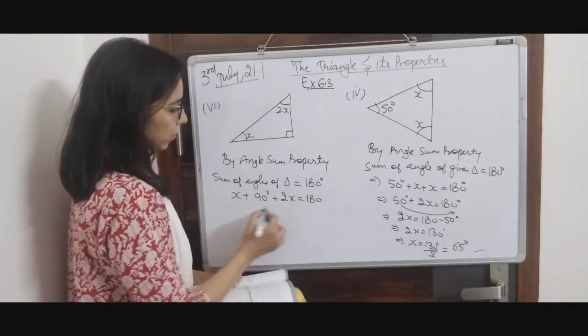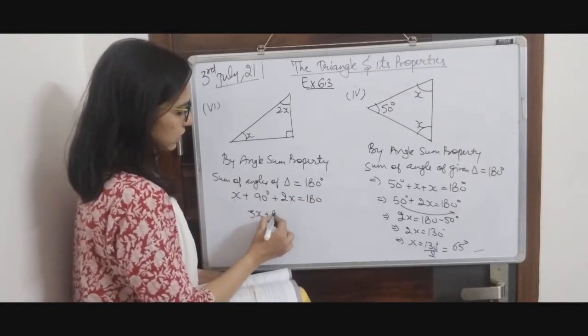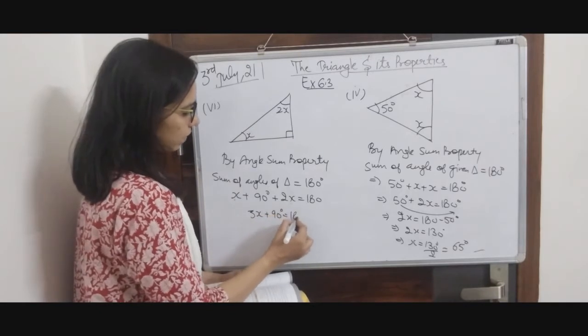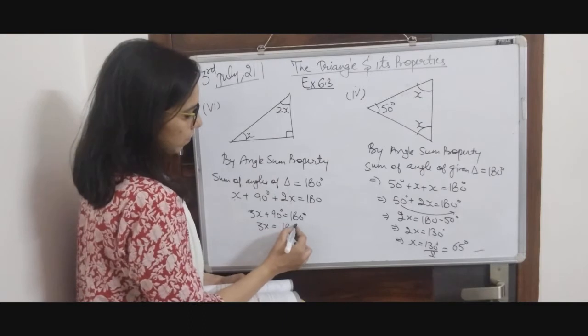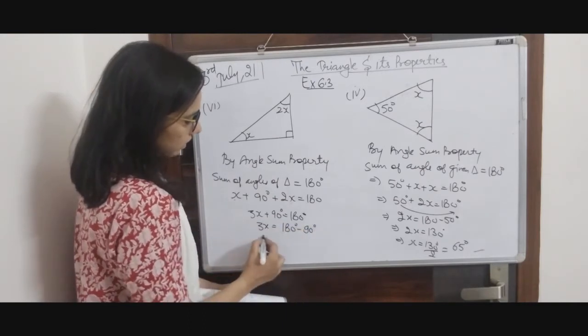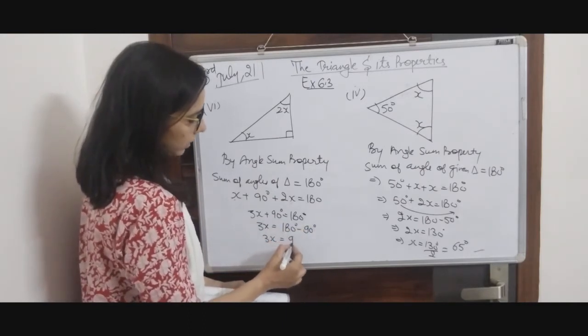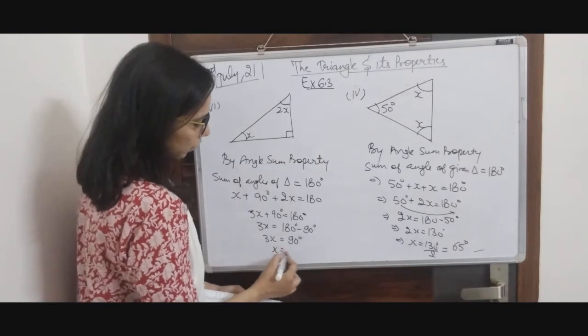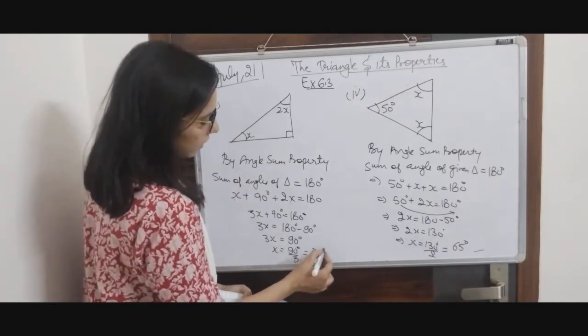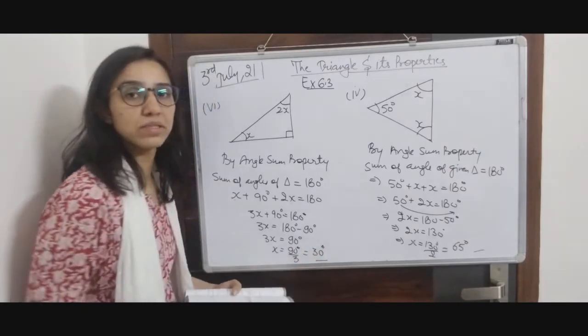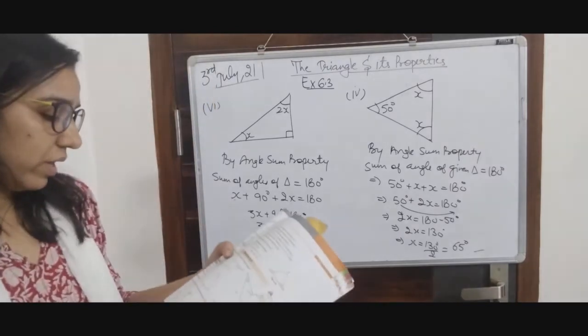So x and 2x is going to be 3x plus 90 degree is equal to 180. 3x is equal to 180 minus 90. It means your 3x is going to be 90 degree and your x is going to be 90 degree by 3. That is 30 degree. This is your answer. This is the measure of your x.